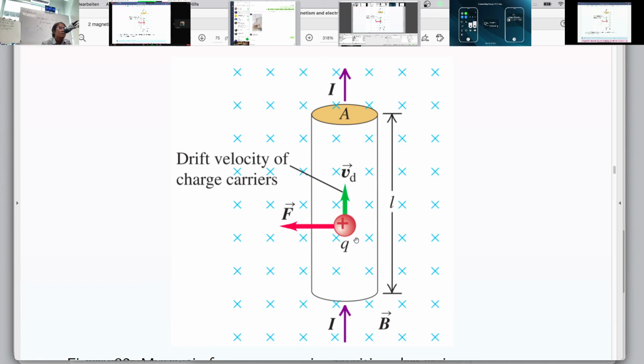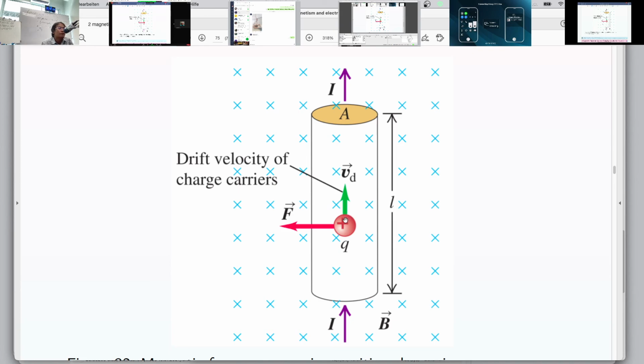It has the velocity vector pointing upward like this. It tries to move in the north direction. And of course, you have the direction of the magnetic field, pointing into this plane, the B vector.